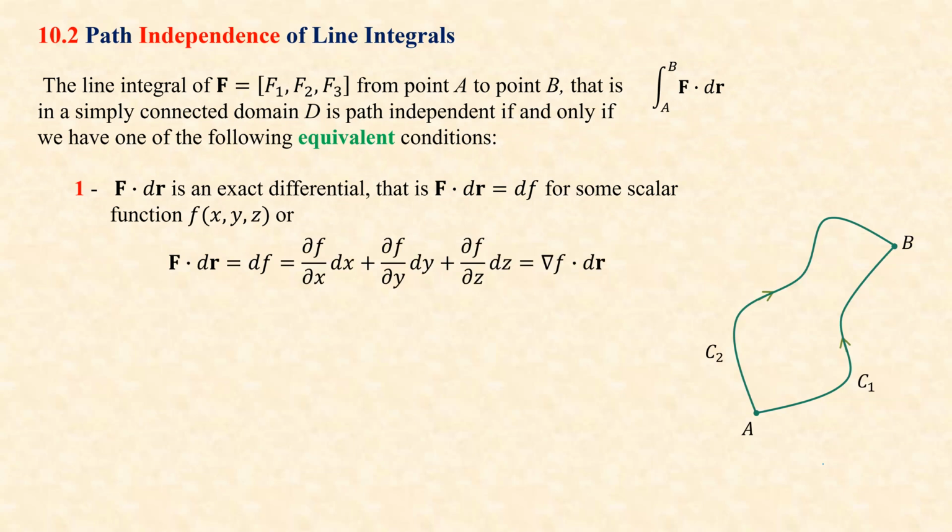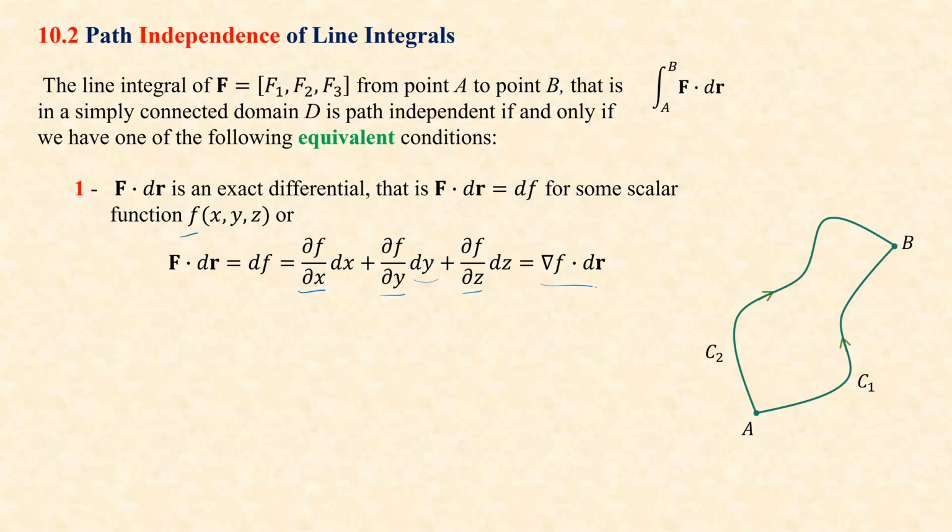You say the partial derivative of f with respect to x times differential of x, plus partial derivative of f with respect to y times differential of y, plus partial derivative of f with respect to z times differential of z. And if you look at that, you see that these three are the components of the gradient of f, and dx, dy, dz are components of dr. You can write this as gradient of f dot dr.